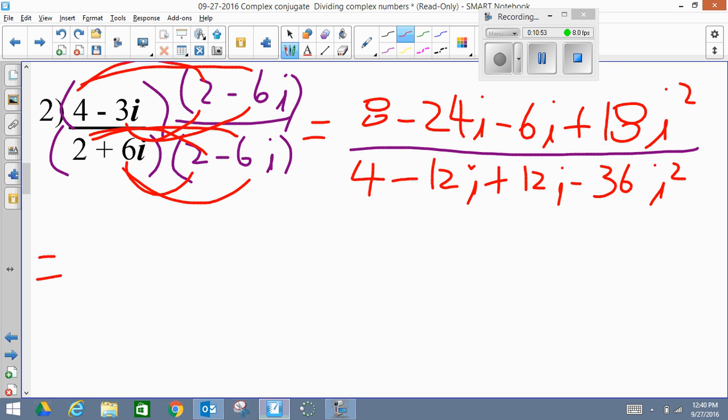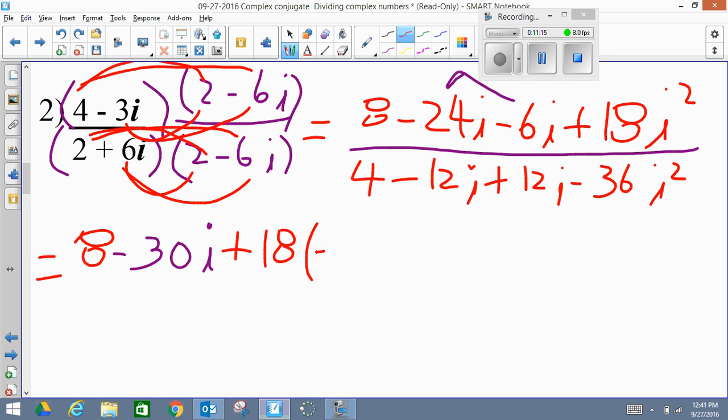Let's work on the top. 8, nothing to combine it with. Now let's look at those negative 24i and negative 6i. I've got to combine those two. Negative 24 minus 6 is negative 30i. Bring down the 18i squared; instead of the i squared, negative 1.